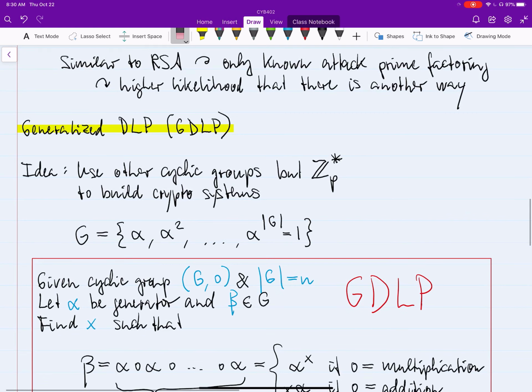So this is similar to what we have seen in RSA. To this day, the only known attack on RSA is to do prime factorization. And similar to Diffie-Hellman, remember that it was really easy. We could come up with two prime numbers and compute n, the product of such two prime numbers.